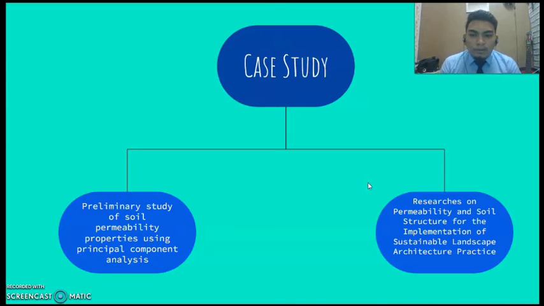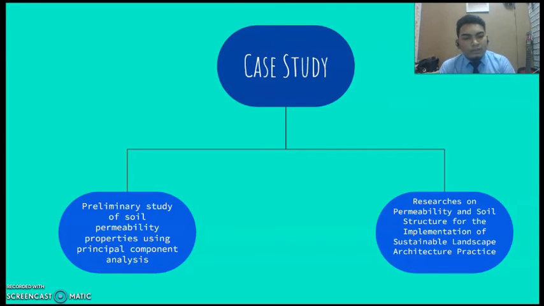So in our report, we took two case studies. The first one is preliminary study of soil permeability properties using principal component analysis. This case study was conducted by researchers from Research Center for Limnology in Indonesia.